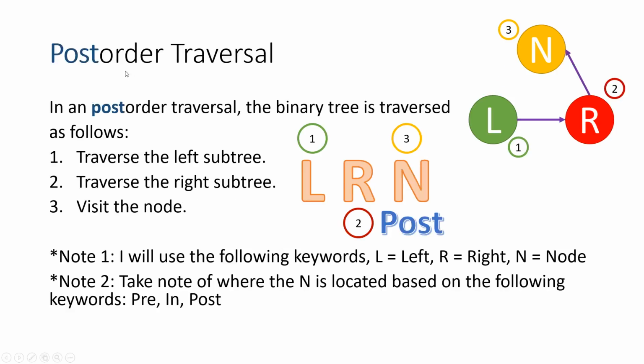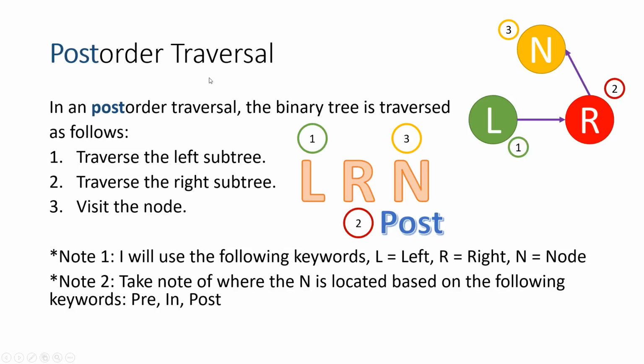So here, in a post order traversal, basically we start from the left-hand side, we go to the right-hand side, and then we go to the root node. That's where I've put post. The node is right at the end, and that is step number 3.